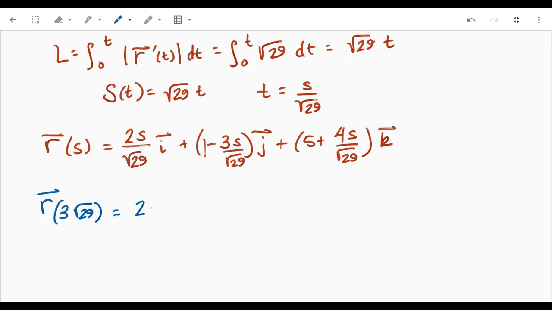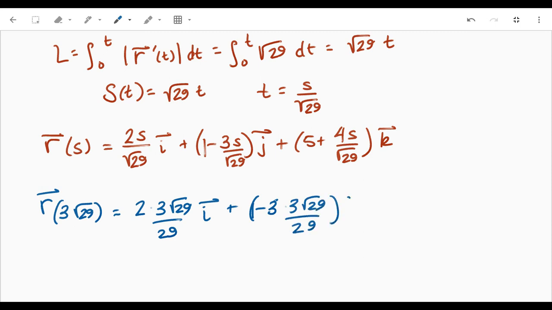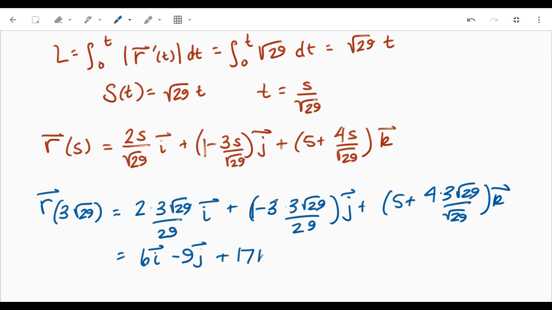So it'll be 2 times 3 square root of 29 over the square root of 29 i, plus 1 minus 3 times 3 square root of 29 over the square root of 29 j, plus 5 plus 4 times 3 square root of 29 over the square root of 29 k, and I do get 6i minus 9j plus 17k.